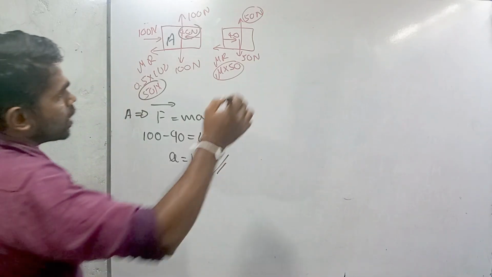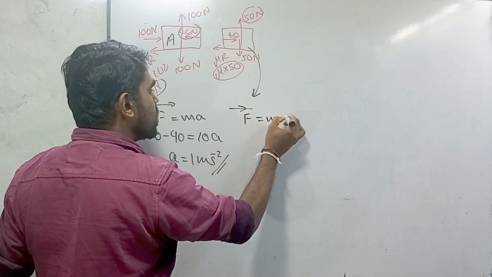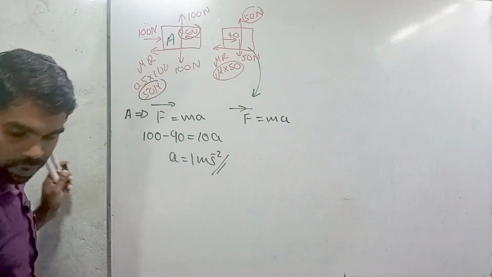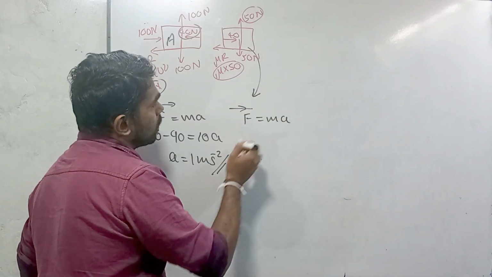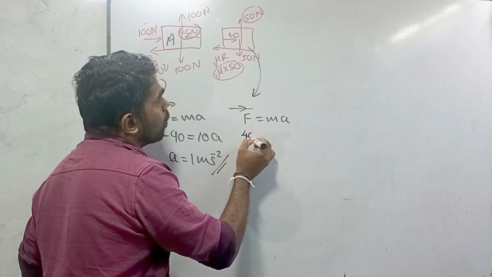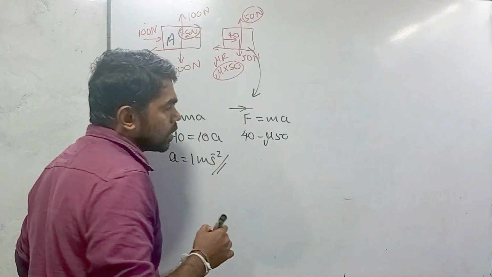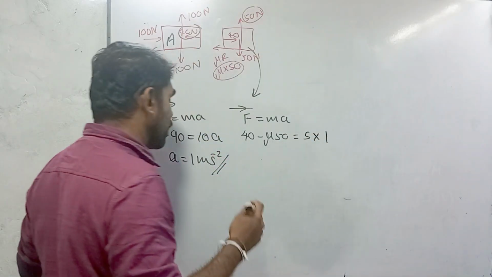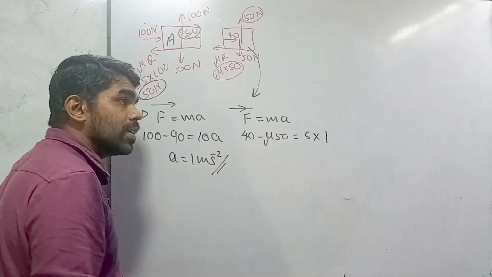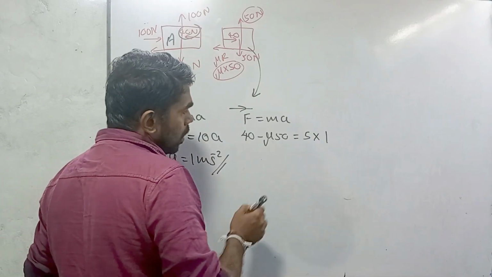Then I will consider this object. There is the same acceleration for both because the objects are in contact with each other. Supporting force 40, opposite force mu into 50, this frictional force. Mass 5 kilograms. We have to consider acceleration is 1 because there is a common acceleration for both objects.